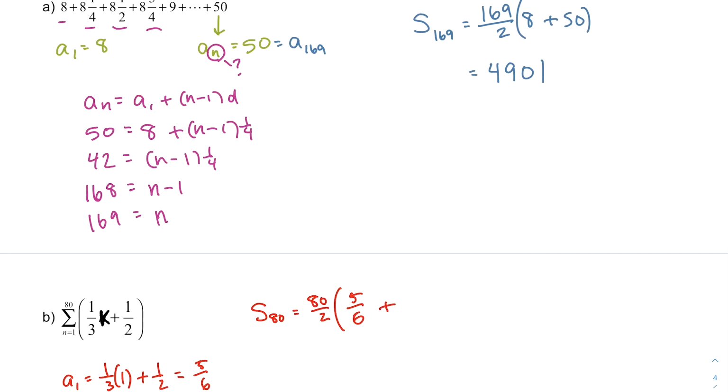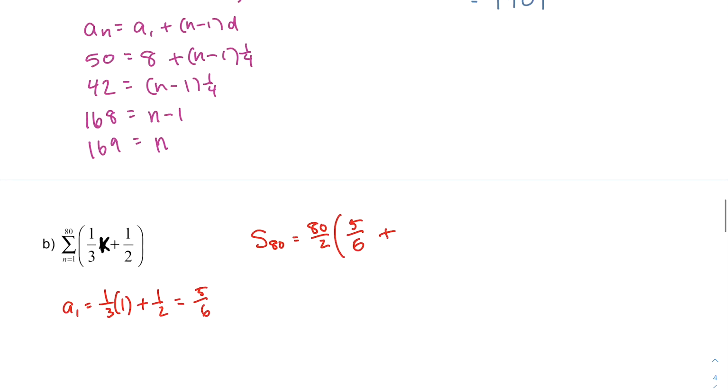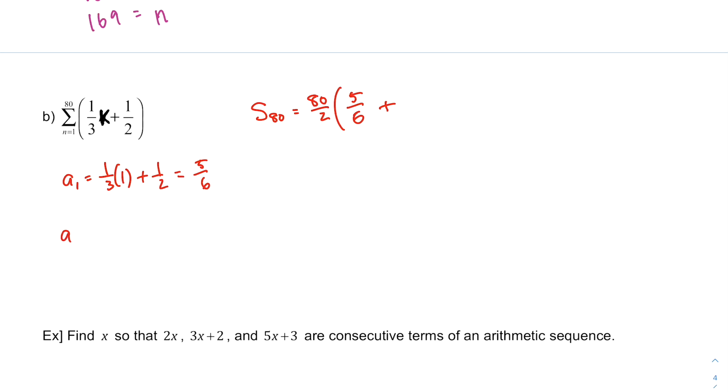Plus, now we also need to find the 80th term. So that would be a sub 80. 1/3 times 80 plus 1/2. So that would be 80/3 plus 1/2. Not as easy to do in our head. Let's get the common denominator at 6. So this would be 160 over 6 plus 3 over 6.